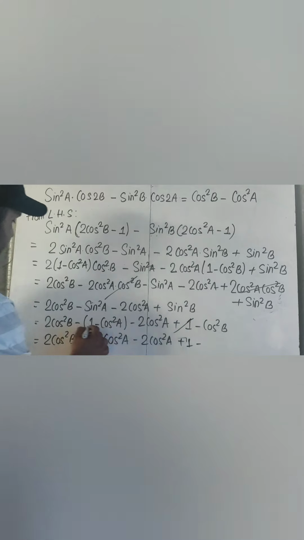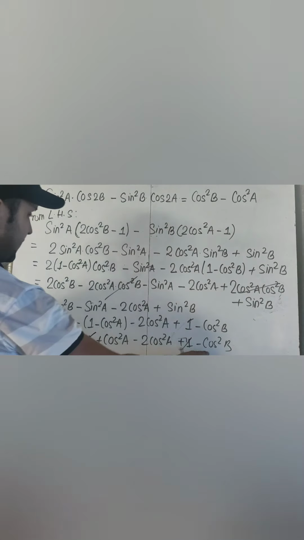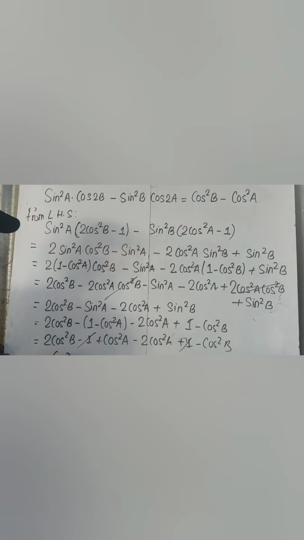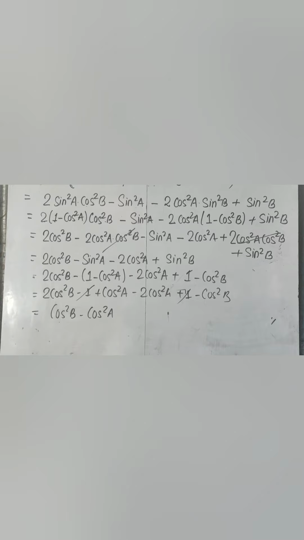Now we can cancel this plus 1 and minus 1. 2 cos square B minus cos square B is cos square B. Cos square A minus 2 cos square A is minus cos square A. And this is our RHS.